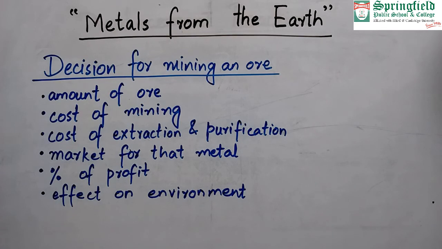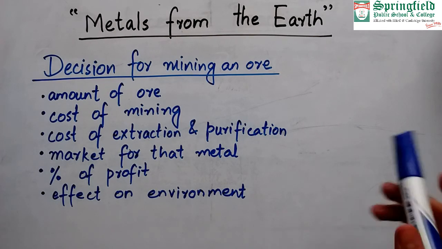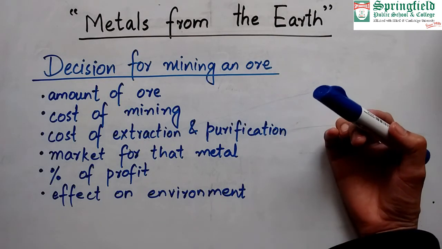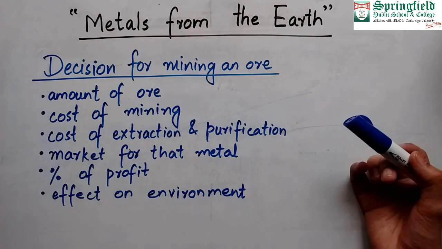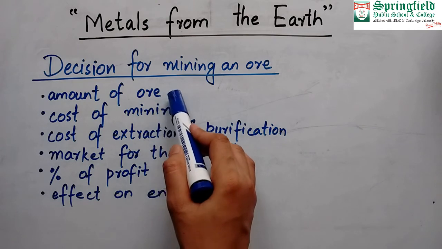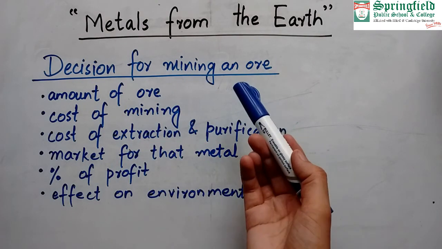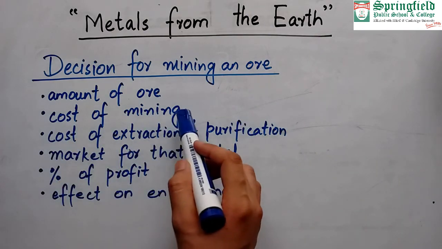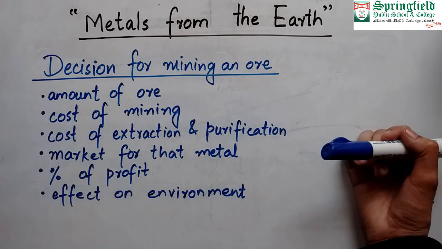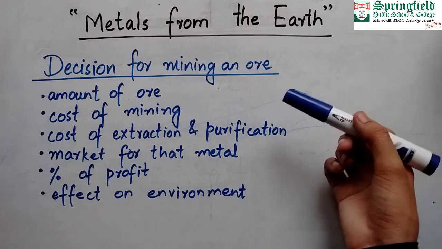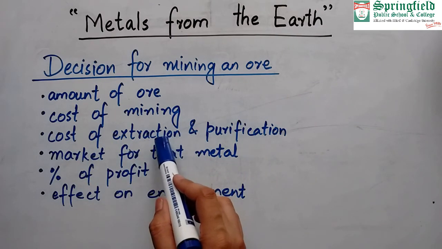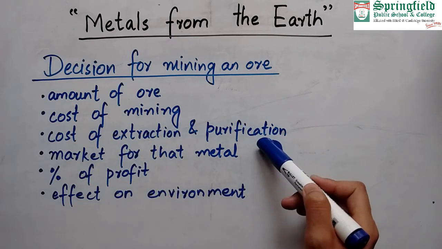Let's see how the decision is taken for mining an ore. Before deciding whether to mine an ore or not, the following things are considered. Number one is the amount of ore, whether this ore is in sufficient amount to be mined or not. The cost of mining, how much does it cost to mine an ore, is it affordable or not? Similarly, the cost of extraction and purification of the metal.